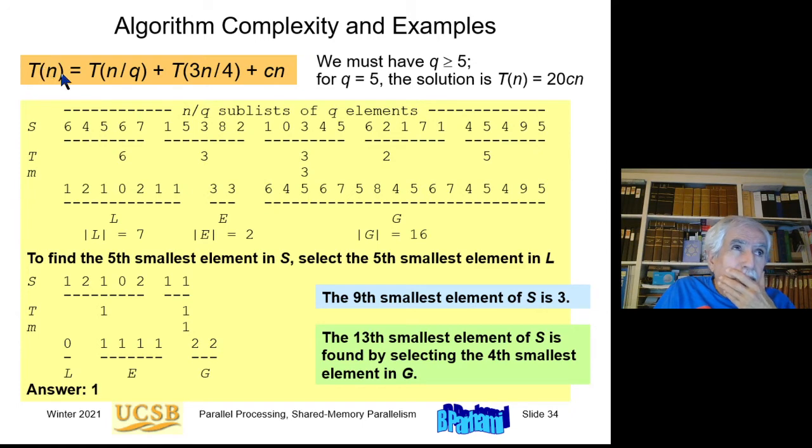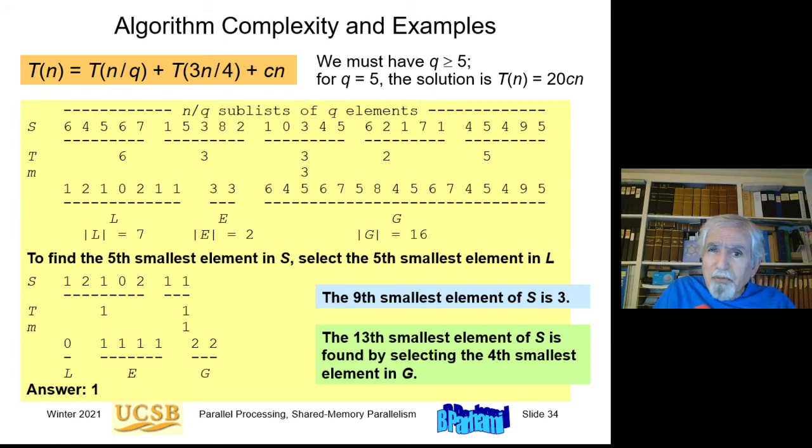T of n is equal to T of n over Q plus T of 3n over 4 plus some linear factors, which are called Cn. C is a constant. Okay, it's easy to see that we must have Q greater than or equal to 5 for this recurrence basically to have a linear solution.